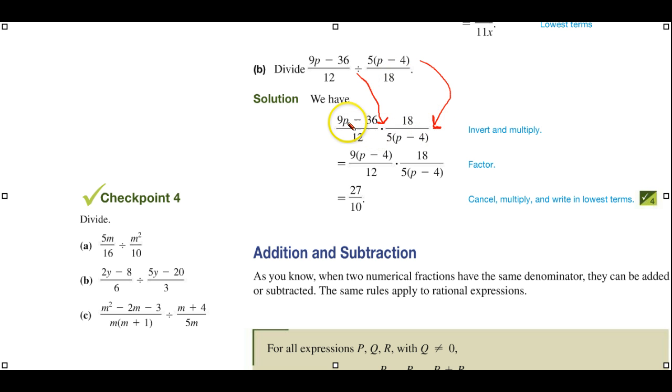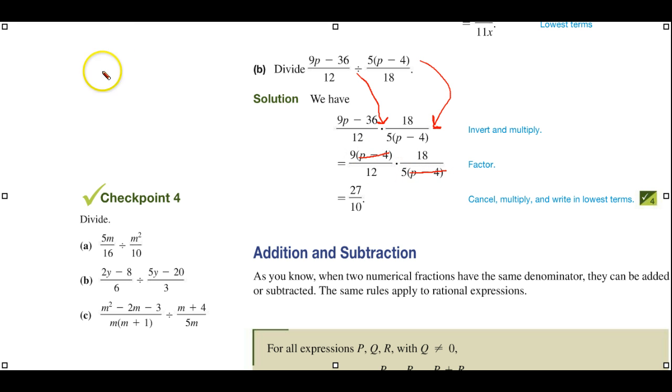So once again, we want to factor, and we factor this into, take out a 9 from each one. This is already factored. And then now we do some canceling. So this will cancel with this.